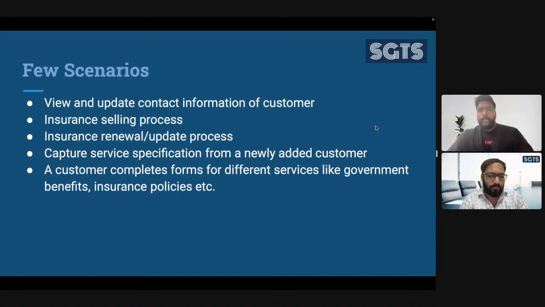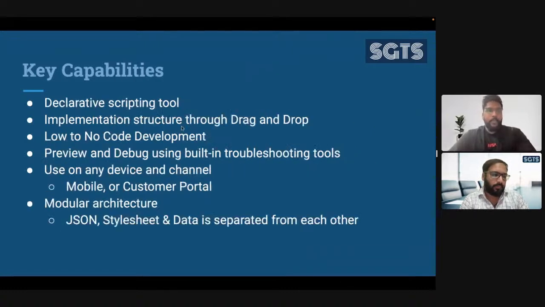So moving on to the next slide. What sort of capabilities does OmniStudio have? It is a declarative scripting tool, so you don't need to write any sort of code for creating any OmniScript.